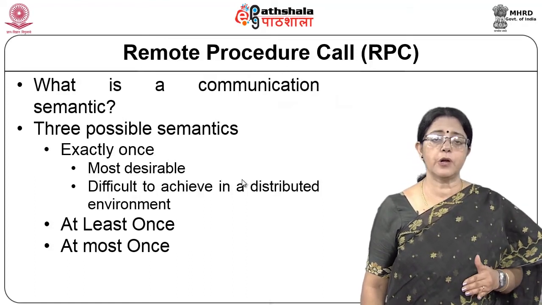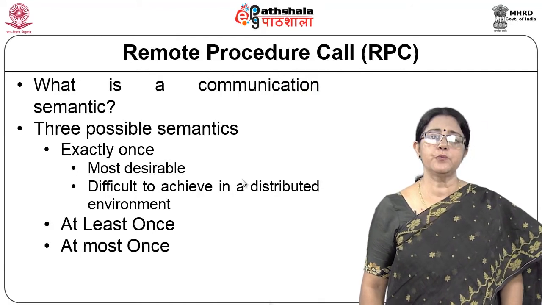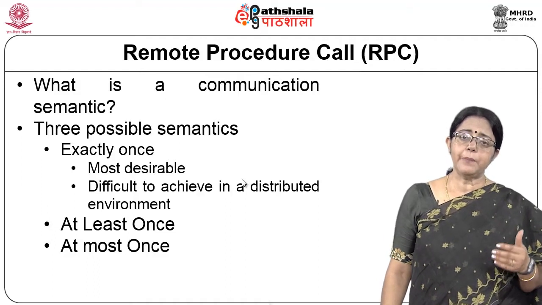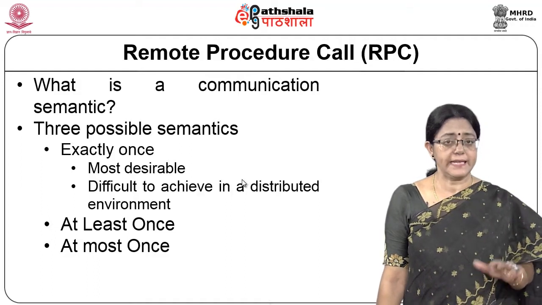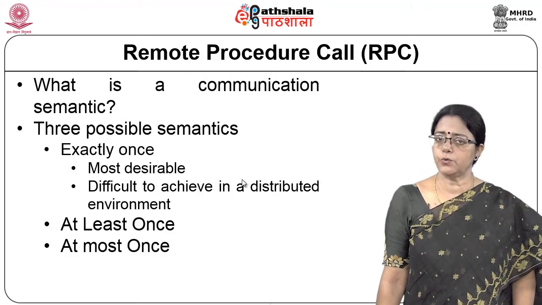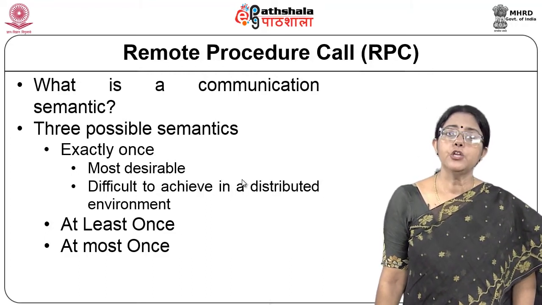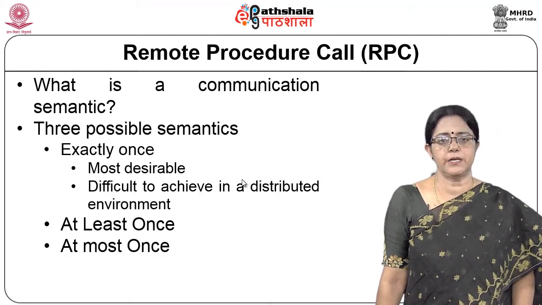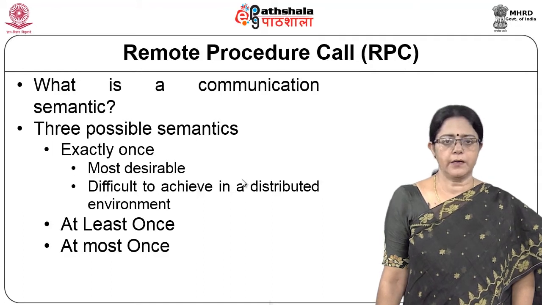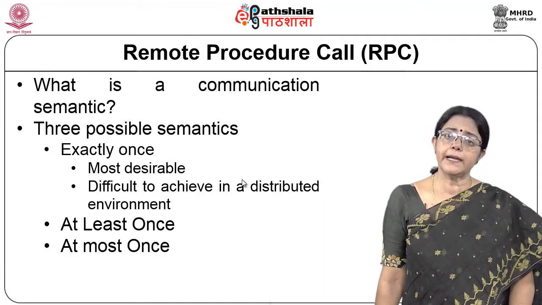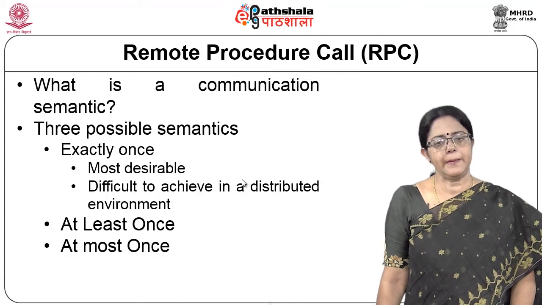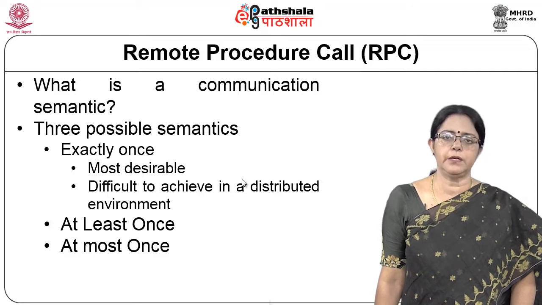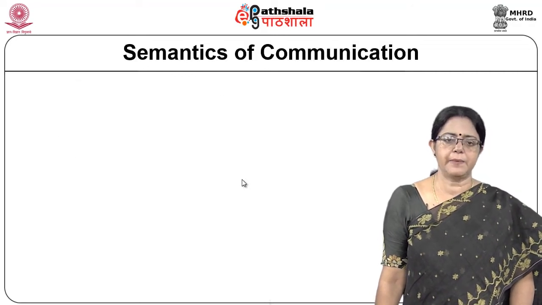If that is not what I desire, I may go for at most once, which is 0 or 1. That means do not worry about whether it is executed or not, but if it is executed, it should be executed only one time. There cannot be a duplicate execution. Depending on the kind of application, we can go for any one of these semantics. The underlying mechanism of RPC will implement these, and based on the specific application and requirement, it will use whichever semantic is required.